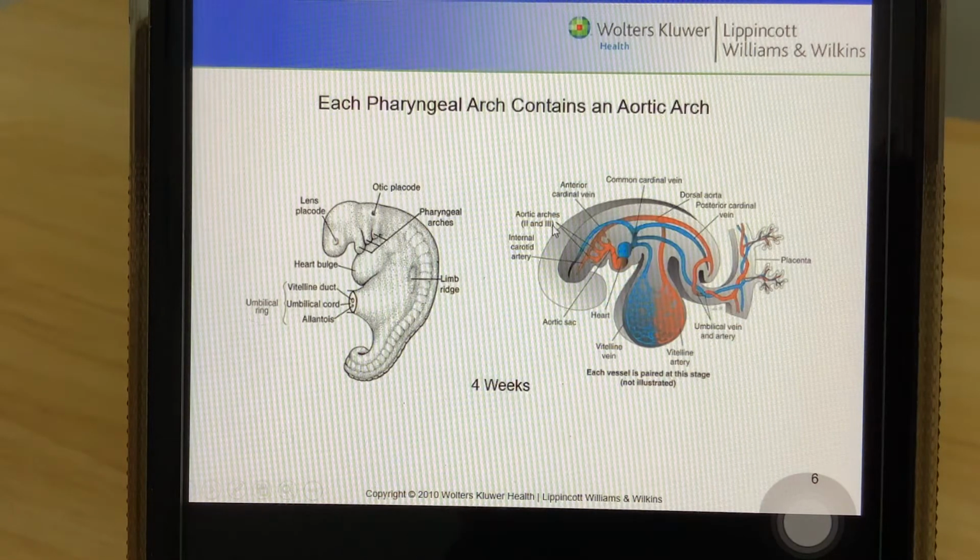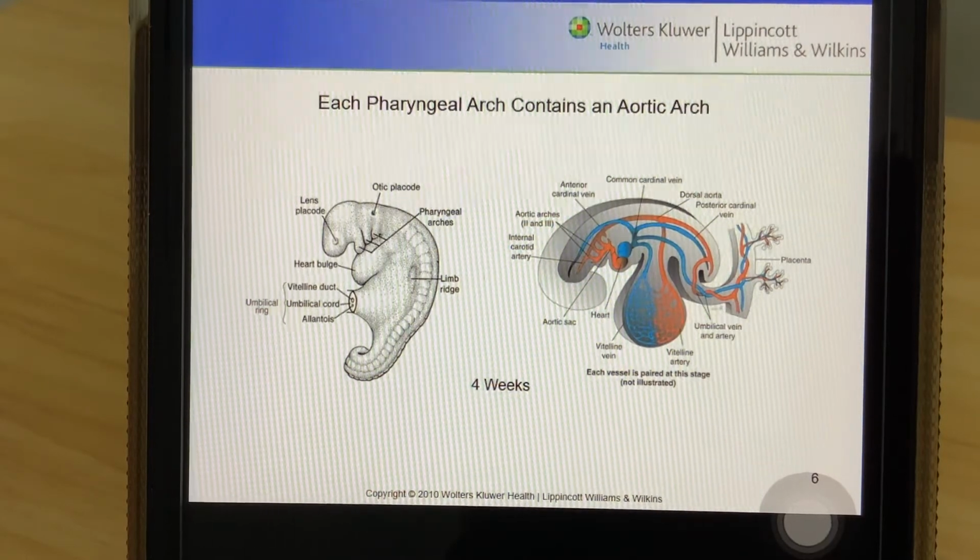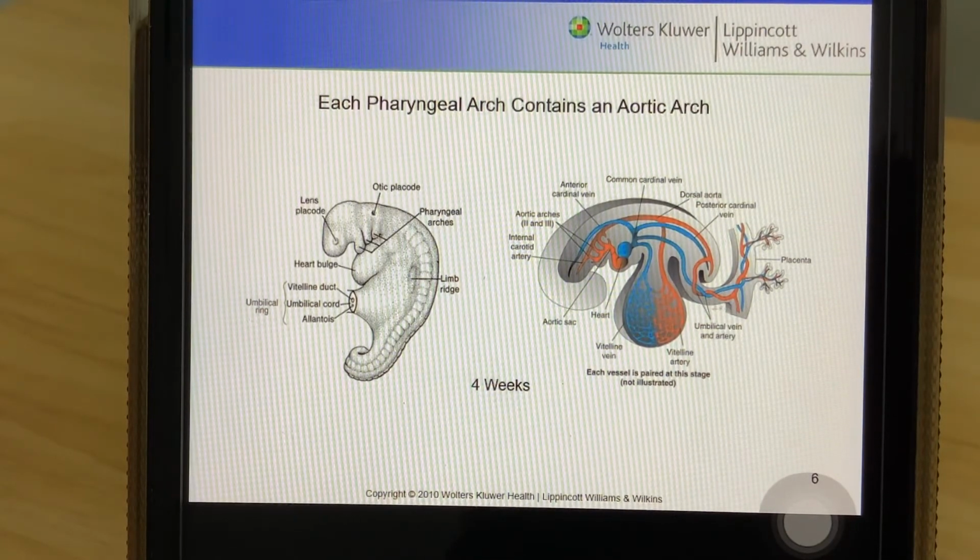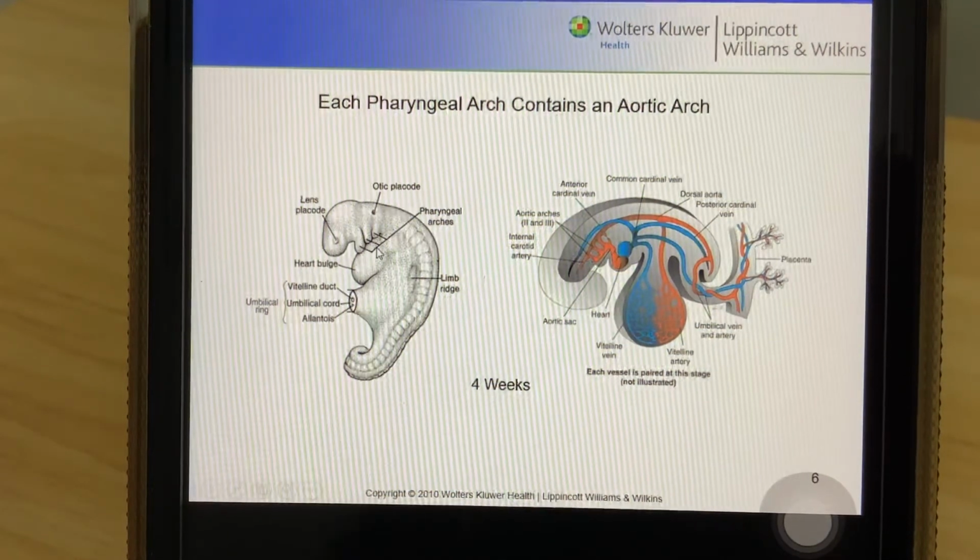Again, these are repeat slides, the illustration of the pharyngeal and aortic arches. As mentioned, there are 5 well-developed pharyngeal arches, and each pharyngeal arch contains an aortic arch. Aortic arches are numbered 1 to 6, in which number 5 never forms or is very rudimentary.